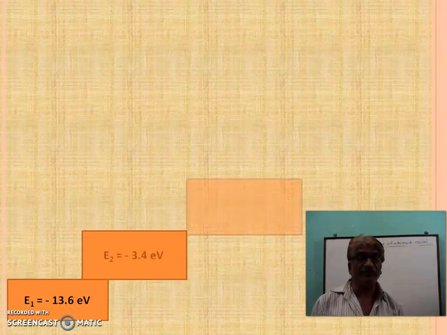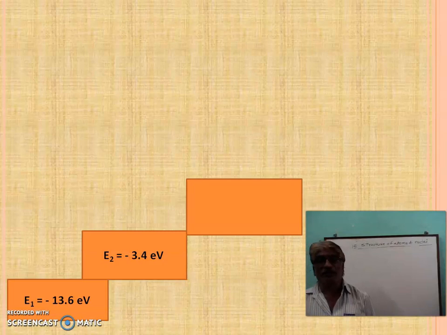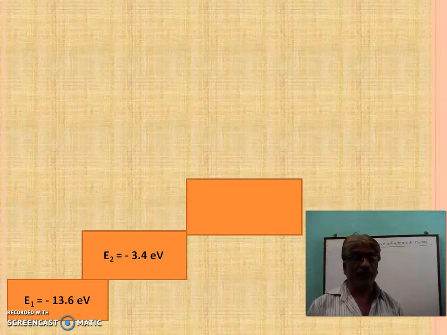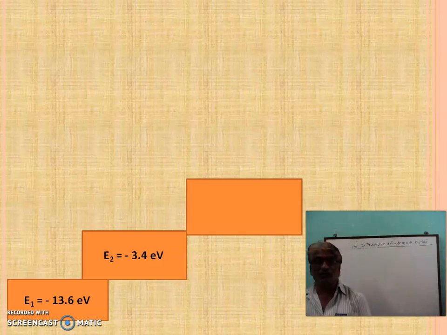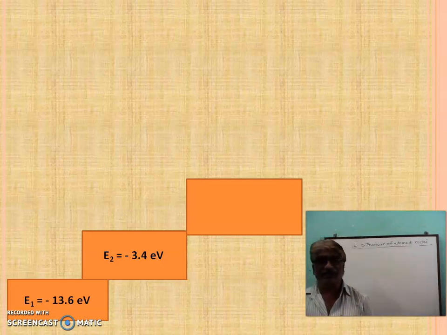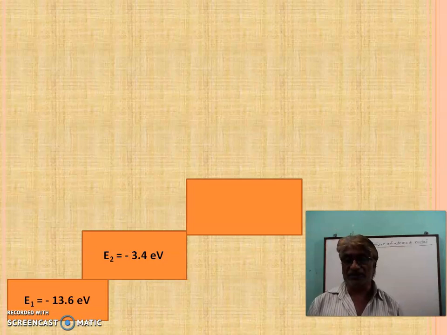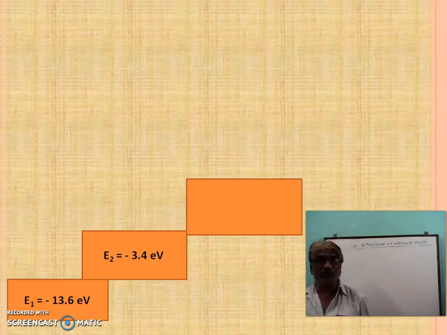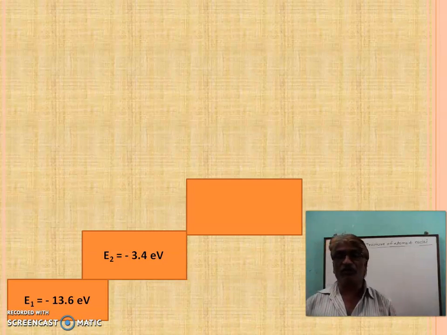In the second orbit, the energy of the electron will be minus 3.4 electron volt, because energy is inversely proportional to n square. For second orbit, n equal to 2, so n square becomes 4, so E2 is equal to E1 upon 4.